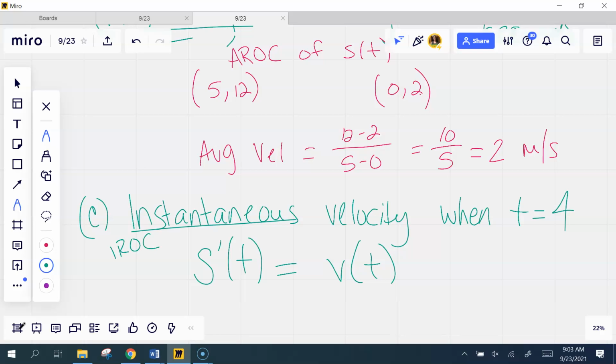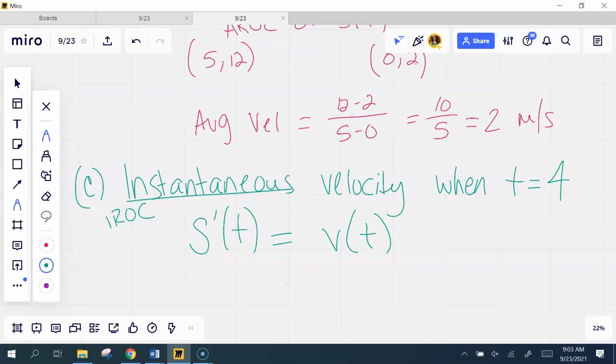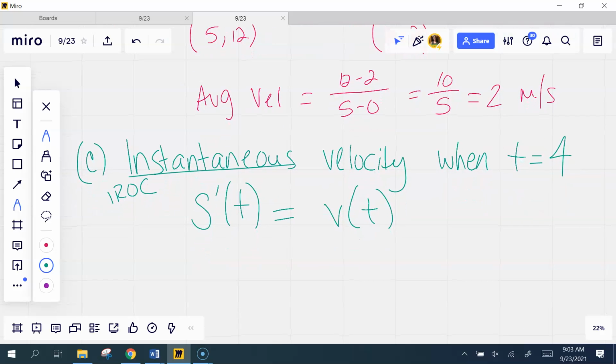That makes sense, right? I-Rock, instantaneous rate of change, is derivative. So would you just plug 4 into that equation and then get the derivative? Get the derivative and then plug in 4. I see. Okay, so it's going to be 2t, S prime of t, which is v of t.